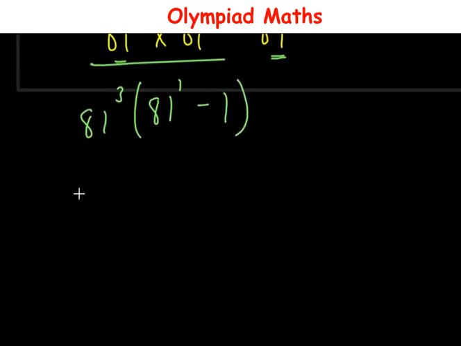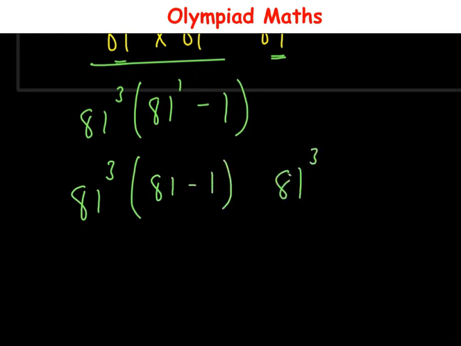So 81 raised to power 3 into bracket, 81 minus 1 is 80.